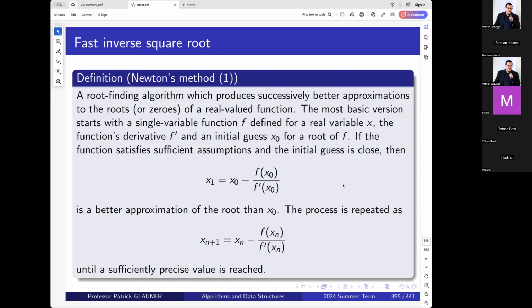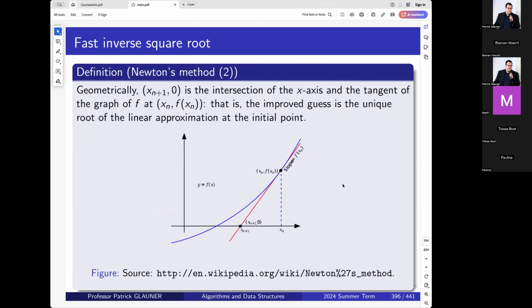And you keep doing this procedure until it more or less converges. Why does this work? There is a geometrical interpretation for this. If I have some xn, and we see this is not a 0 of the function.